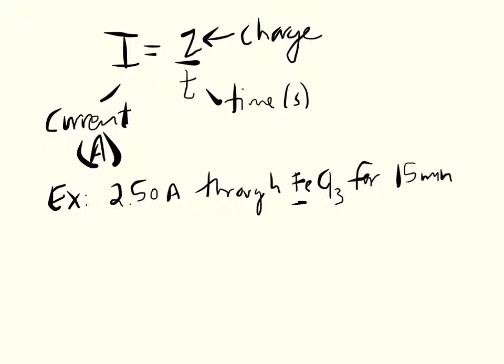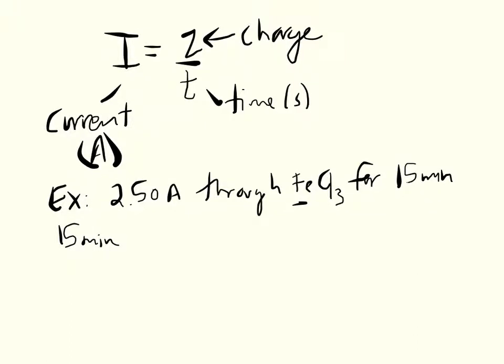Well, we know the initial time that took place was 15 minutes, we know that the current in units of amperes would be 2.50 coulombs per 1 second.